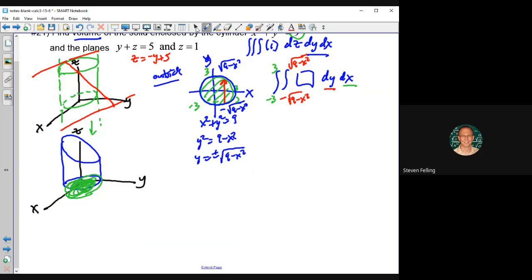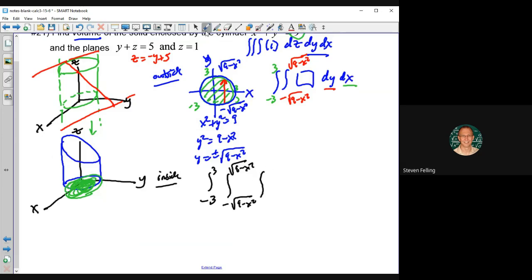All right, let's go ahead and work on the inside one then. Now we know that we've got negative 3 to 3, negative square root of 9 minus x squared to square root of 9 minus x squared. And then we want an integral.